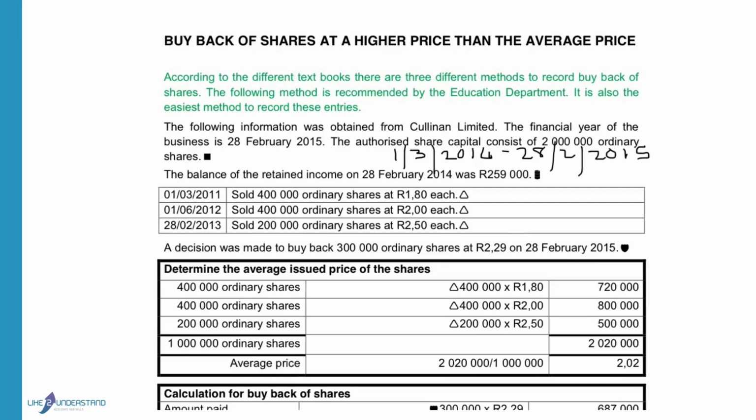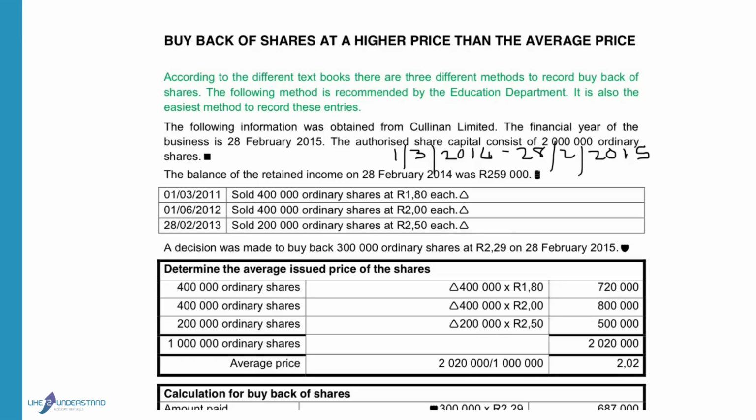Any transactions before 1 March 2014 are before the current financial year and will form part of the balance. Any transactions between 1 March 2014 and 28 February 2015 will be entries for the current financial year.